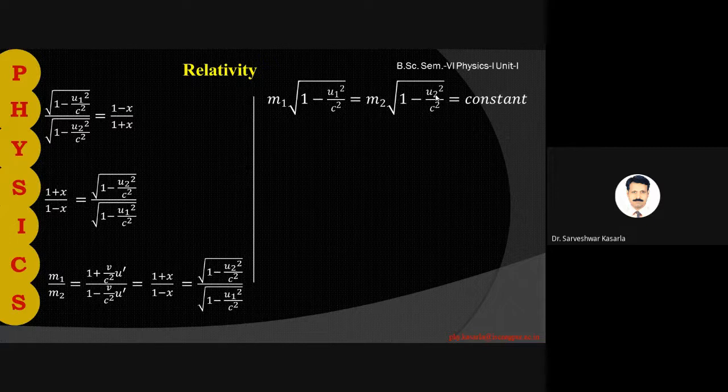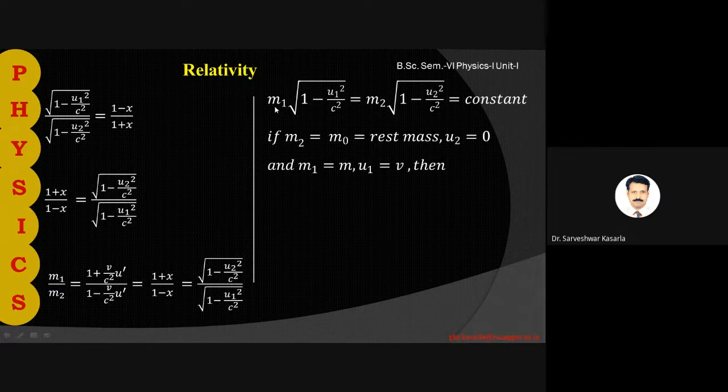Now here this multiplication is constant, that means this whole term must be a constant. So this is the general expression. We can replace this m by any m into under root of 1 minus u square by c square must be a constant like this.